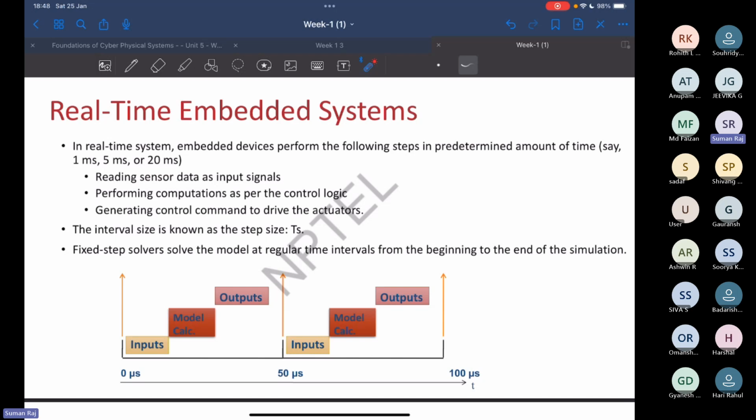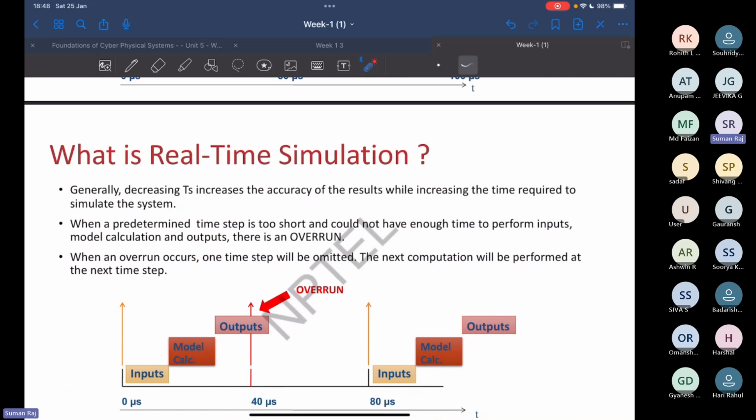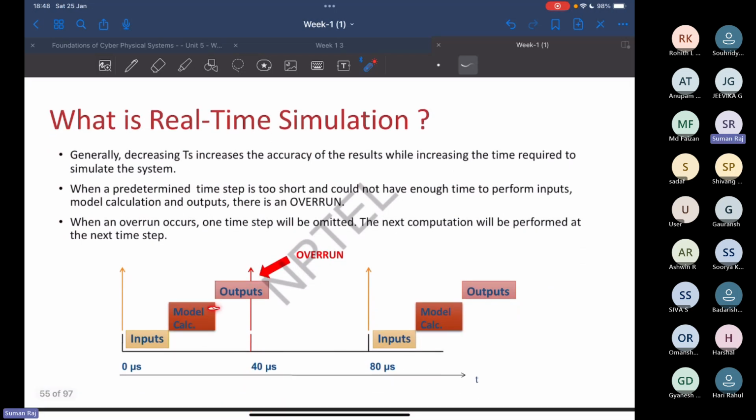If it could not finish the computation within 40 microseconds, and generating the outputs overran into the next time step, that is called an overrun. Once an overrun occurs, you always shift to the new time step and only then calculate. It's not that you take the inputs from the old step and then do the calculation. This is the overrun concept.